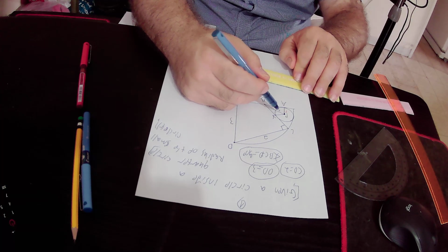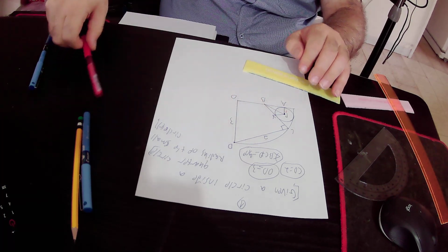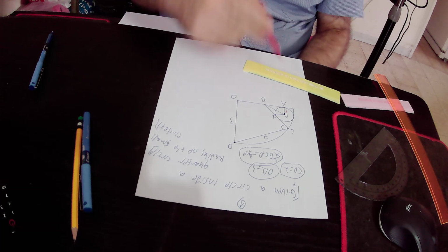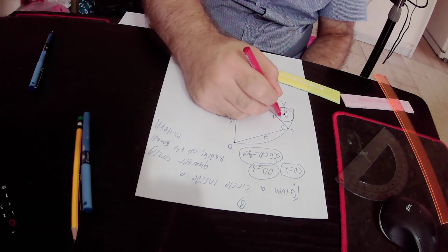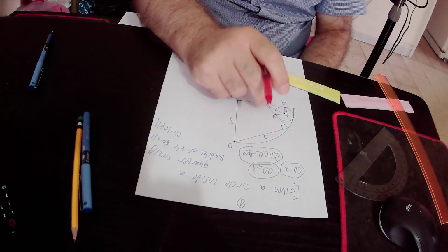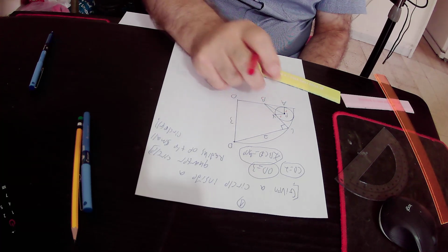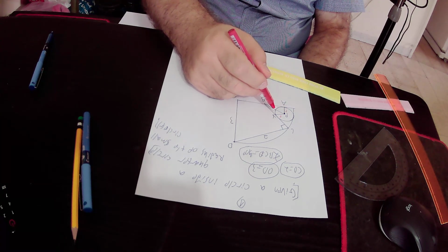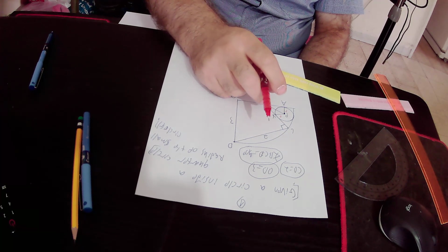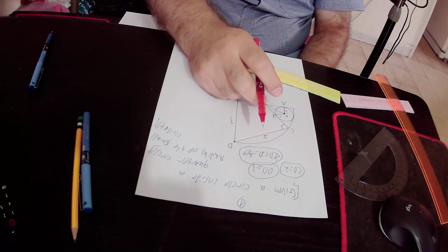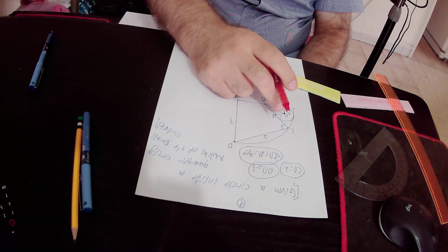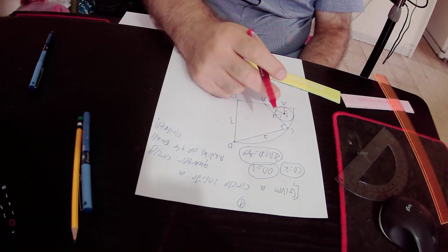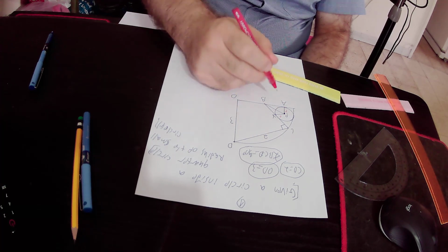PX will also be defined as the radius of the small circle, because this line segment exits from the center of the small circle and ends at point X, a point on the small circle itself. So PX is the radius, and AP is also the radius for the same reason.